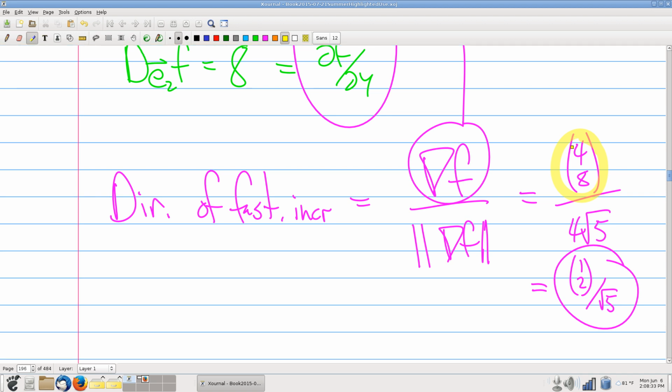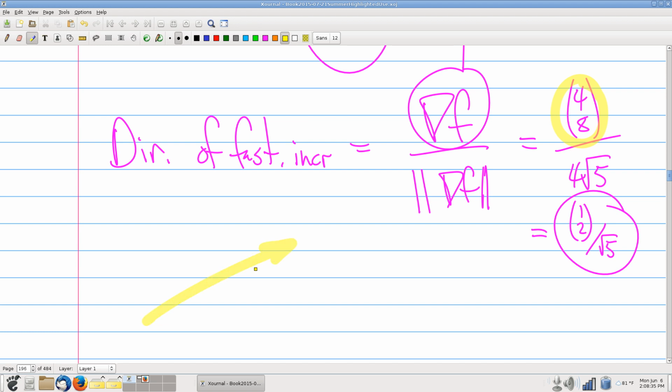So the unit vector pointing in that direction is exactly the same as the unit vector pointing in this direction. Instead of trying to do that arithmetic, you could say 4, 8 points in the same direction as 1, 2, so I'll divide 1, 2 by its magnitude. That's much easier arithmetic, and gives us the same answer.